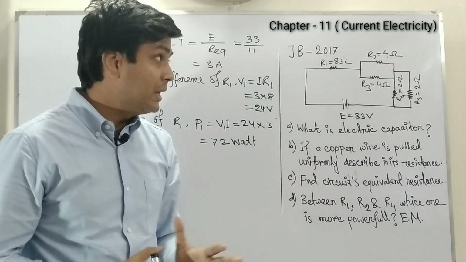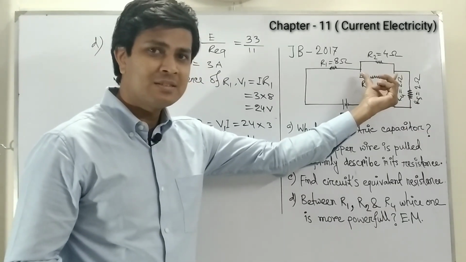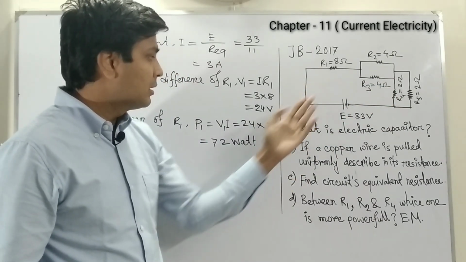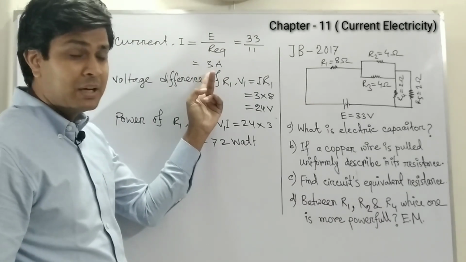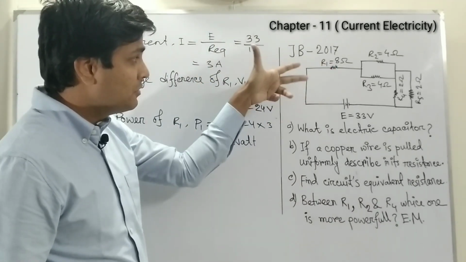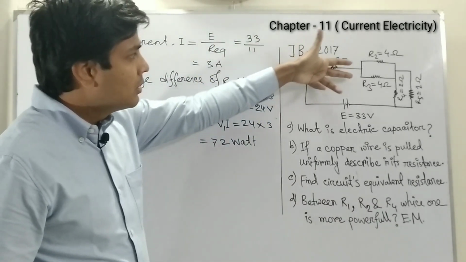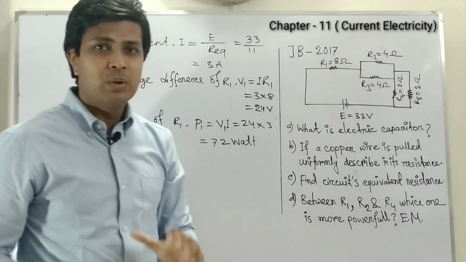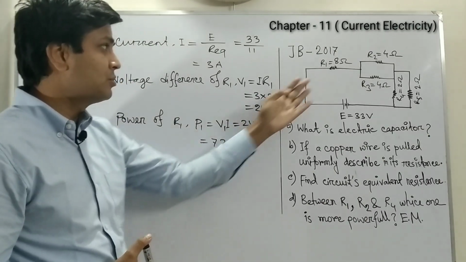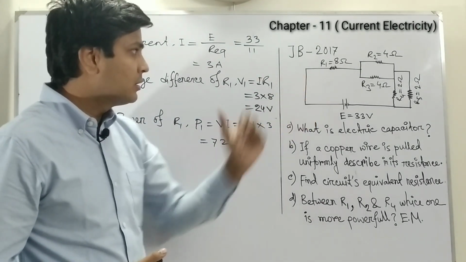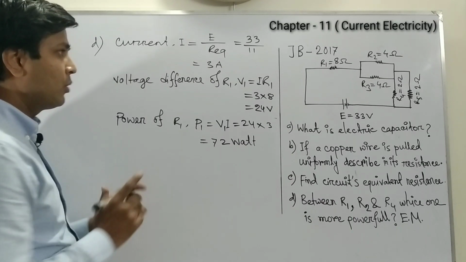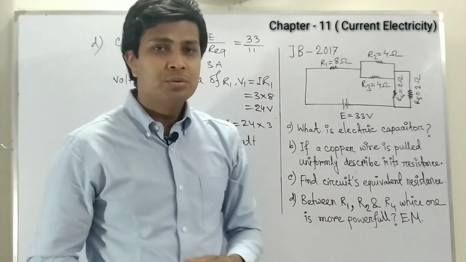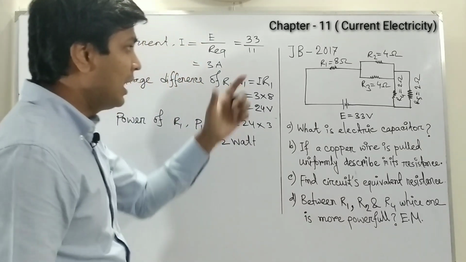So we have to calculate the voltage difference and current, because the main current is 3 ampere and that current will divide in two ways. So the current passing through R2 will not be equal to the current passing through R1. Now we have to calculate the voltage across R2 and R3.